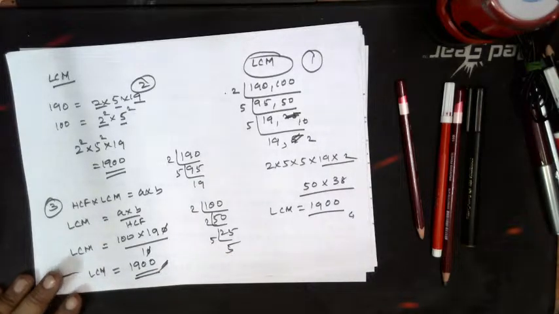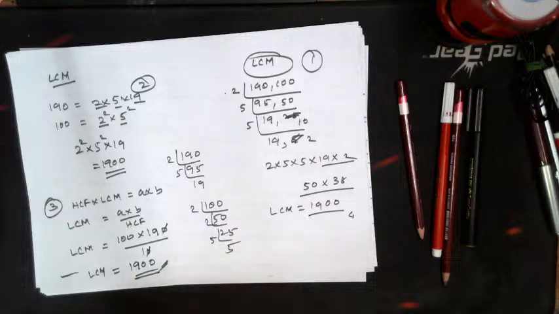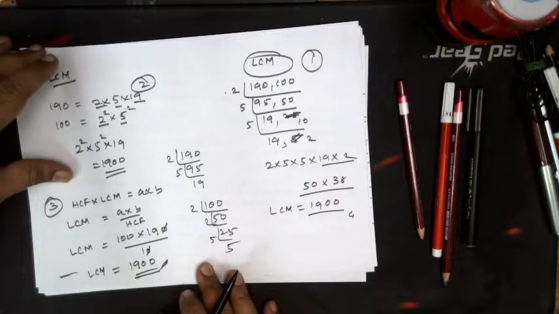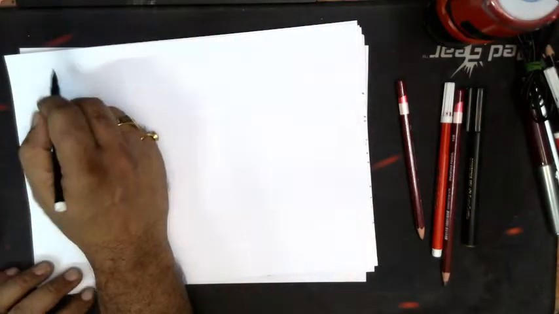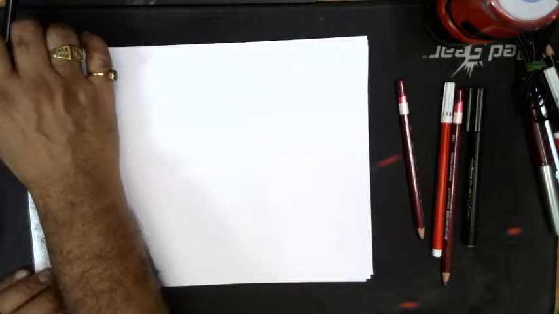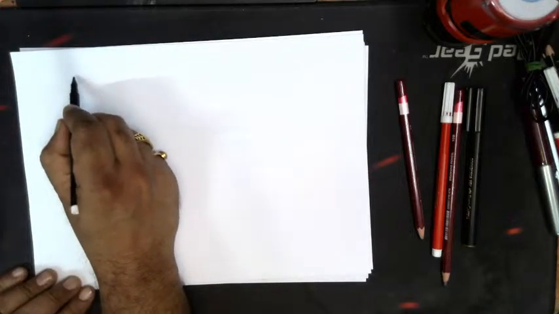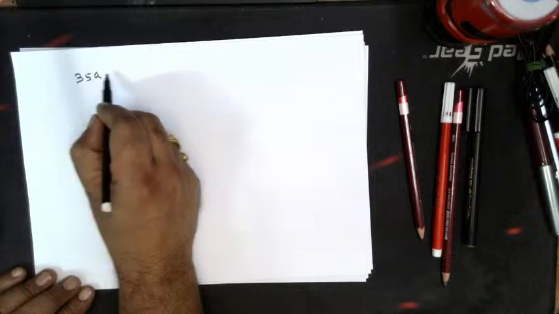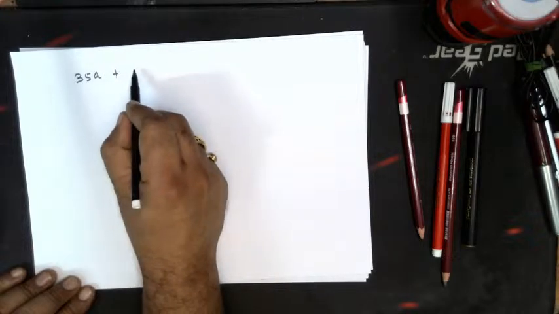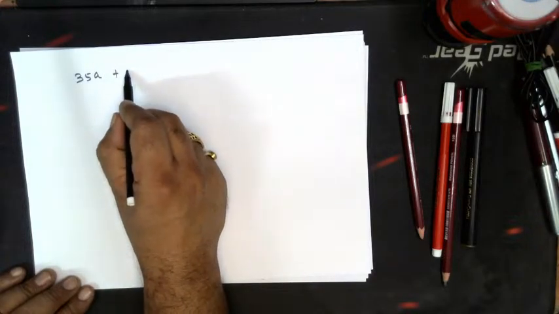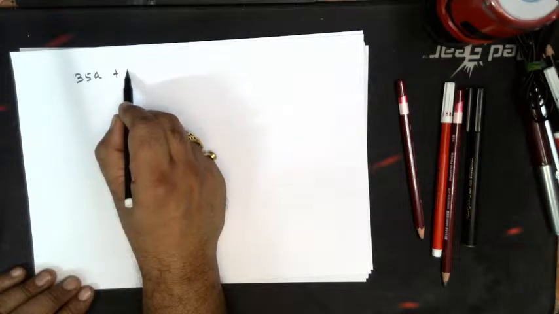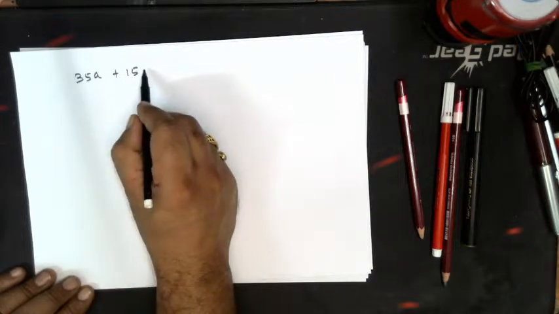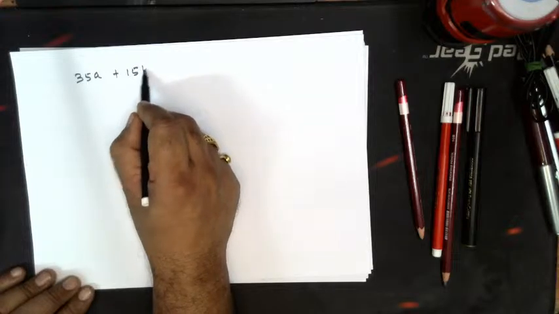Right? Okay. Now, how are this LCM and GCD going to be useful for you in other sums, other arithmetic problems? Let us consider. Sometimes you will get problems like this: 35A plus 15B, let us say.